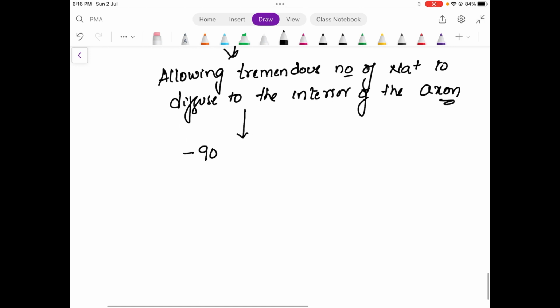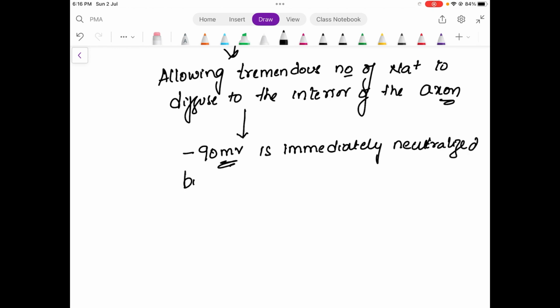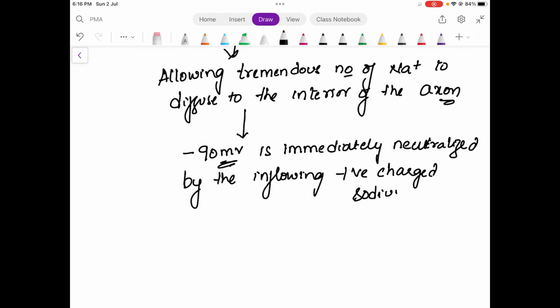And this minus 90 millivolts is immediately neutralized by the inflowing positive charged sodium ions. That means this minus 90 millivolts will become minus 70, minus 60, minus 50, like that.